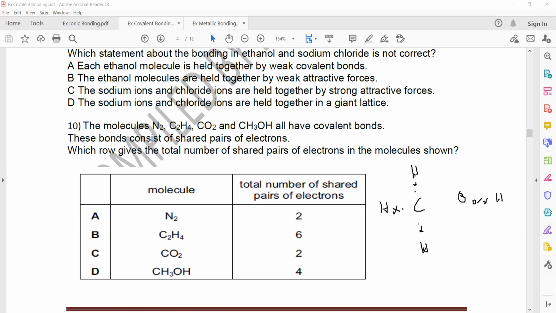Then oxygen shares 2; 1 is already shared with hydrogen, and the other it will share with carbon. So how many electron pairs? 1, 2, 3, 4, 5. So 5 electron pairs, but it's written 4, so that's not true. So the correct answer was B, in which there is a sharing of 6 electron pairs.